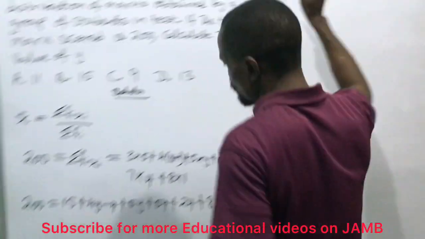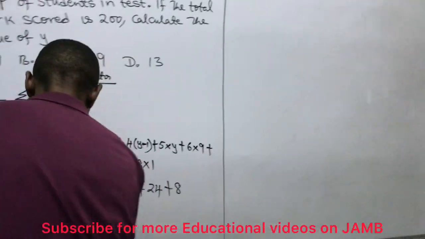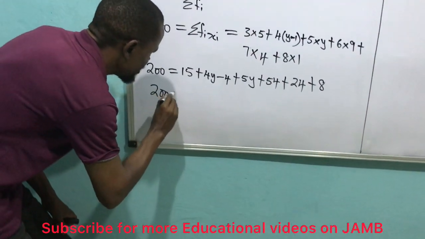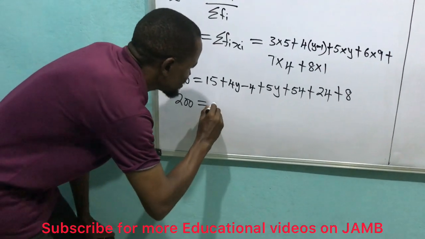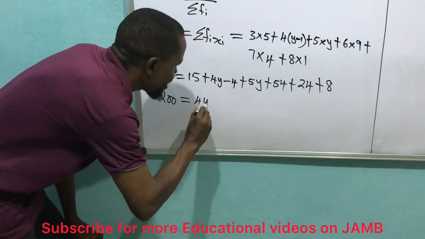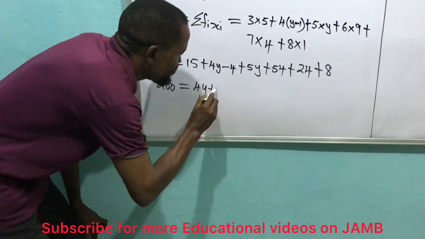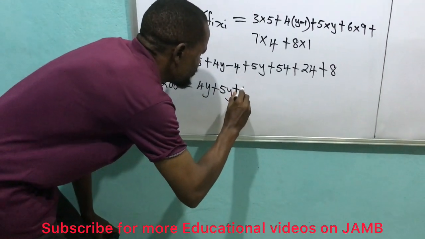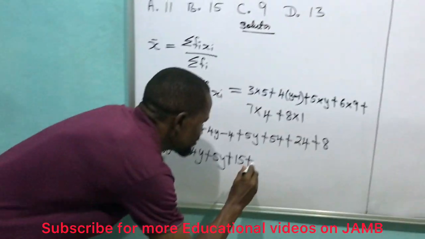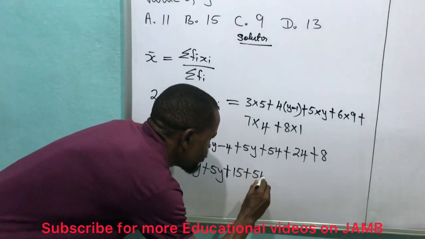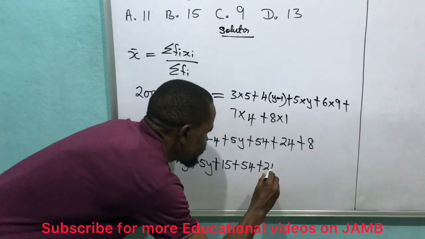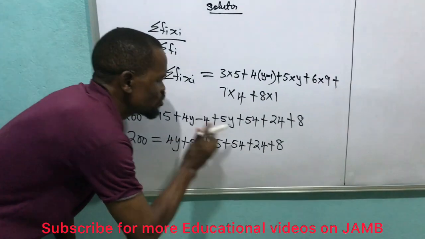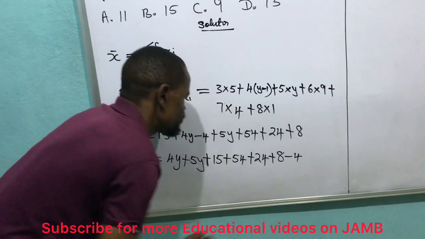Can I say 200, coming down here, is equal to, collecting like terms, 4y plus 5y, then plus 15 plus 54 plus 24 plus 8 minus 4.